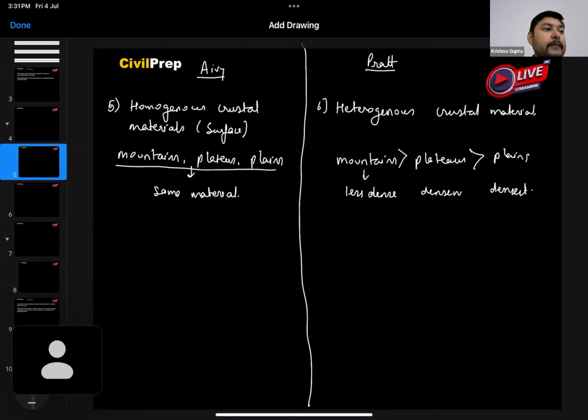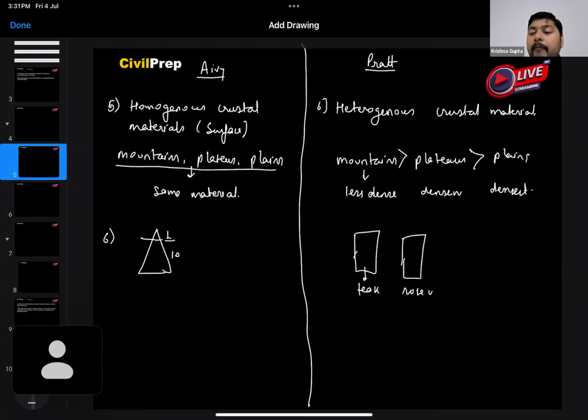If we move forward and look at the analogy, Airy compared this with an iceberg floating over the surface, where it is 1 to 10 here. And when we talk about Pratt's part, he considered it with wooden blocks. One wooden block is of teak, another of rosewood, another of mahogany.